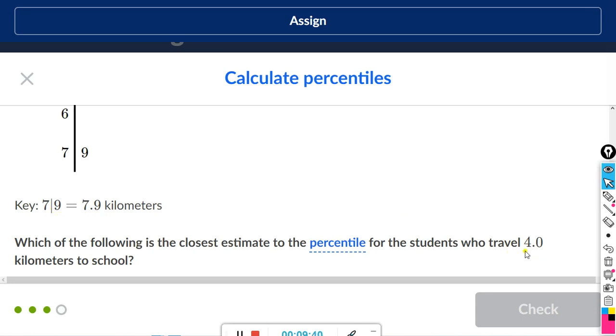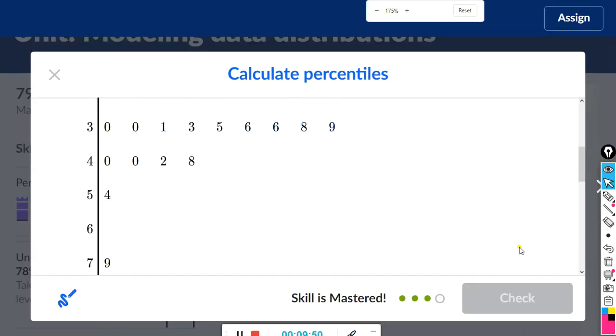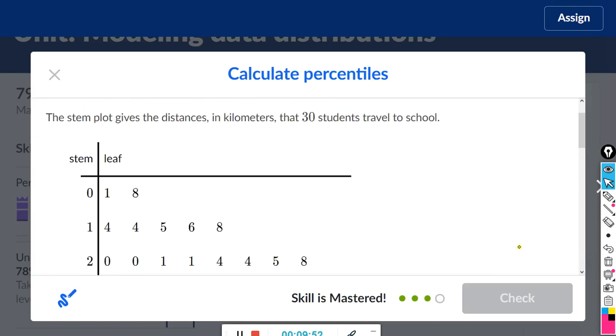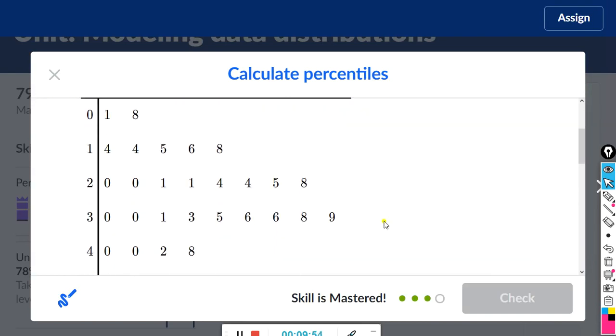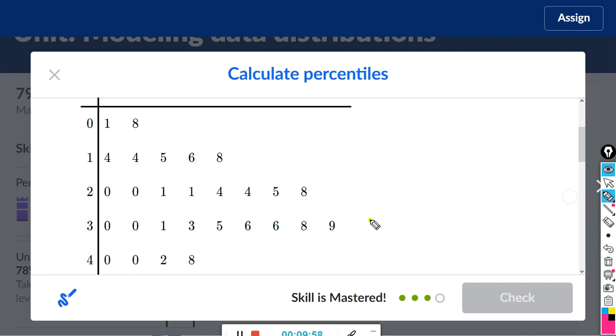We want to find 4|0 in order to get 4.0 kilometers. So that is this one right here.